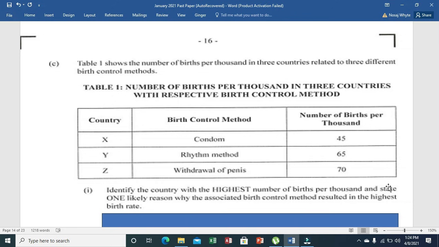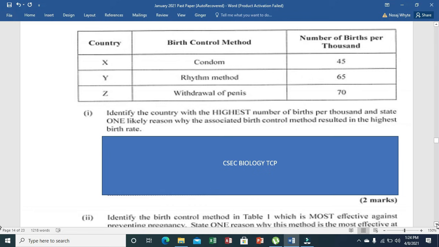Now we're tasked to identify the country with the highest number of births per 1,000 and state one likely reason why the associated birth control method resulted in the highest birth rate. What do you think the answer is here? Let's look at it.